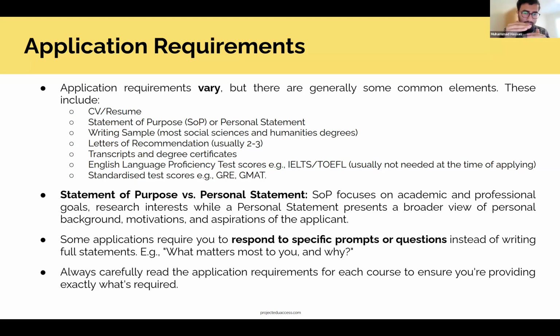Within these applications, some programs would ask leadership questions as well, like what matters most to you, or what kind of leadership do you aim to exhibit, or we are looking for someone who is very good socially and working alongside a group of people, how do you aim to do that? Read these questions and answer them in a manner that's very specific, that catches their attention, that gets your point across.